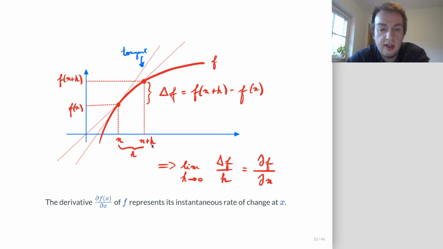And so what will happen is that as this quantity h gets smaller and smaller, this line will turn to the left, and eventually when h tends to 0, it will match with the line which corresponds to the tangent here, this one here, to the tangent at f of x, right? And so an interpretation of that is that the slope of the tangent is the derivative of the function and it corresponds to the instantaneous rate of change at x, right?